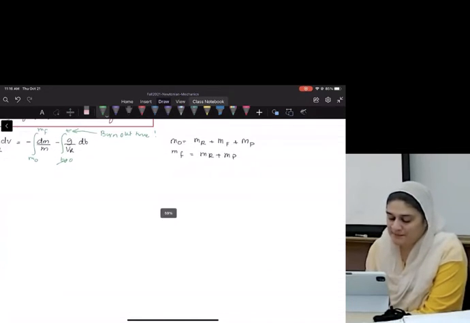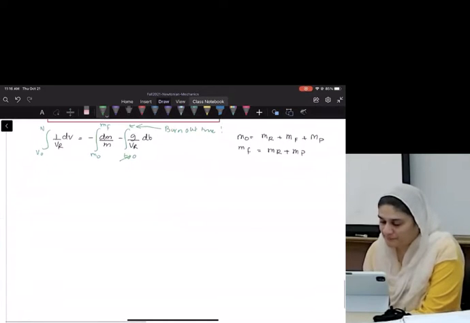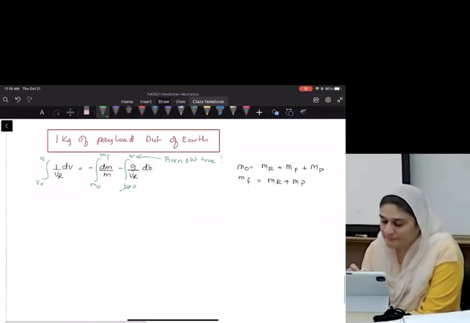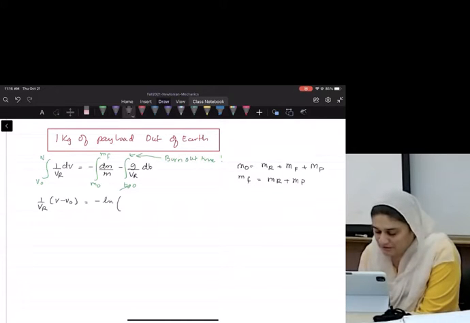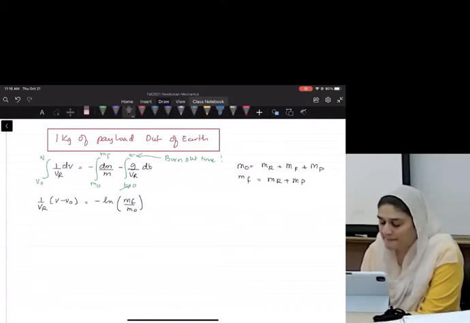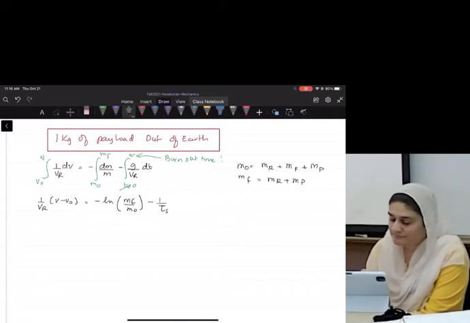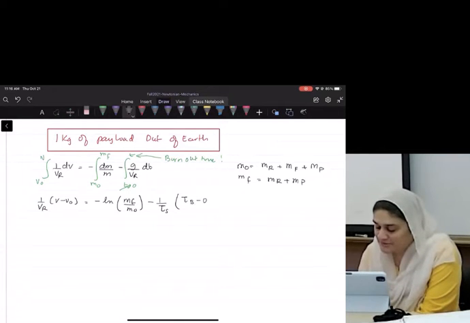Okay? So that means, may I make this bigger? So that means I will get 1 over VR, V minus V0 equals minus log of M final minus M initial minus 1 over specific time, T burnout minus 0.